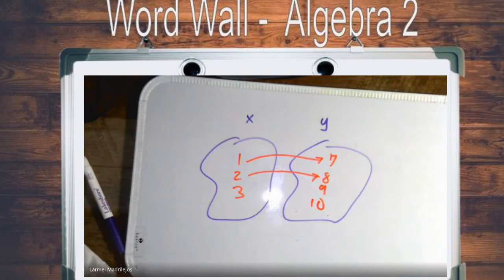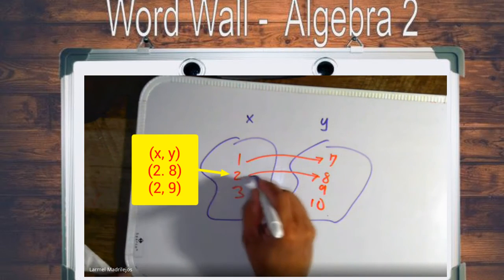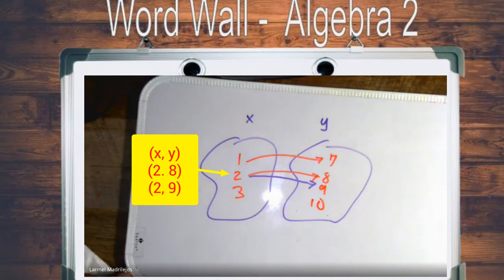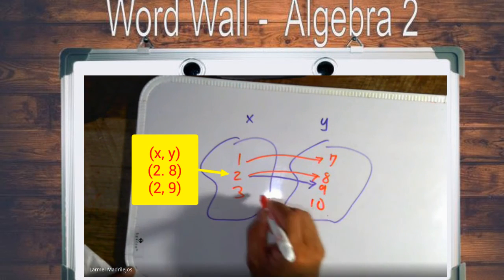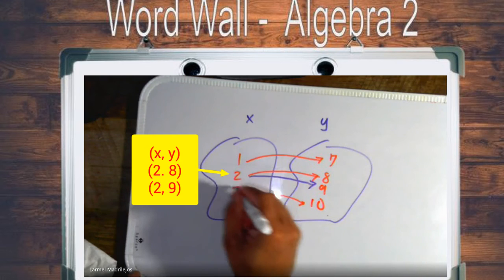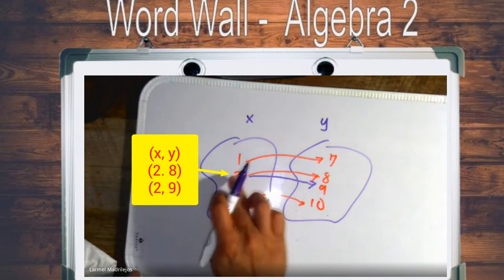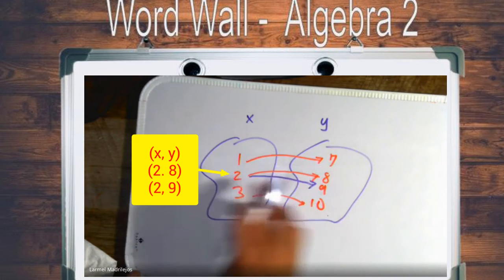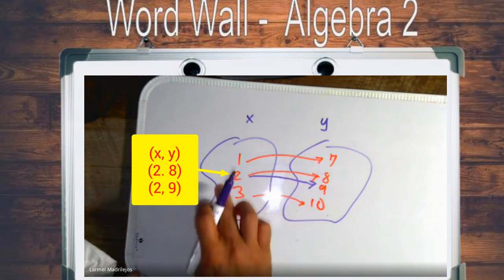But again, 2 is associated with another number, 9. And 3 is associated with, let's say, 10. So this is a relation but not a function. The reason it's not a function is because this value of x has two values of y, which are 8 and 9.